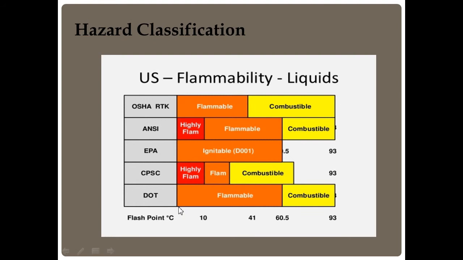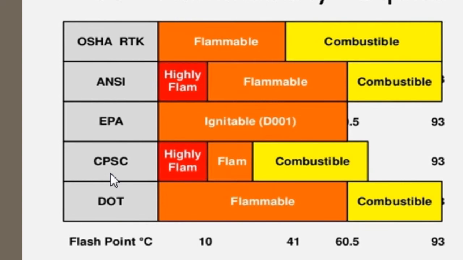If something has a flash point that it can react in temperatures from 0 Celsius to 1, react in such a way that it can be flammable, then it's highly flammable in the Consumer Product Safety Commission. EPA doesn't have that. The American National Standards Institute has a highly flammable. OSHA right to know doesn't have a highly flammable. They just say it's flammable from 0 to 41 degrees Celsius, and then from 41 on, it's combustible material.